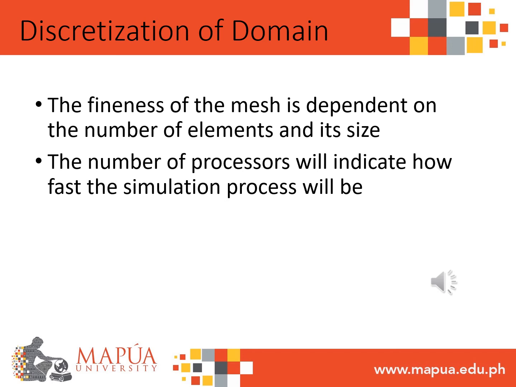And the number of processors indicates how fast the simulation process will be. So if we have a high number of processors, our simulation process will be faster. The most important thing here is to get the balance between the fineness of the mesh and the number of processors, while ensuring the quality of the mesh.